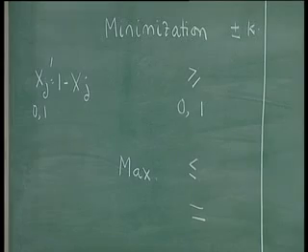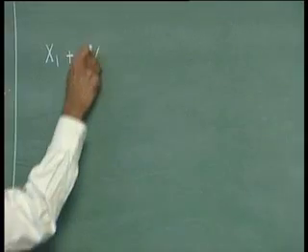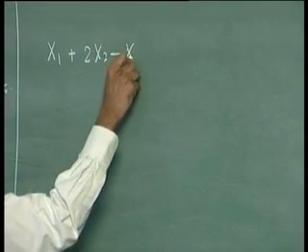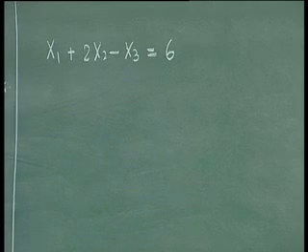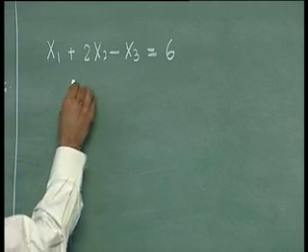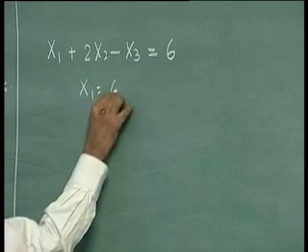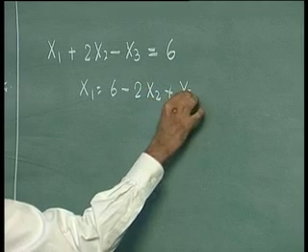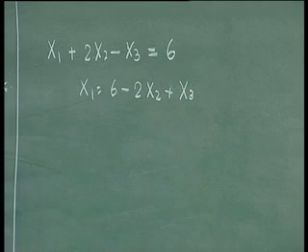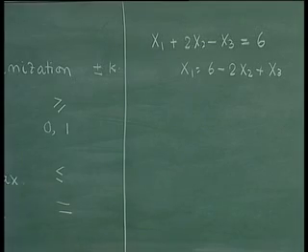Suppose we have an equation x1 plus 2x2 minus x3 equal to 6, say. Now, what we do is we write x1 equal to 6 minus 2x2 plus x3. It's all right.